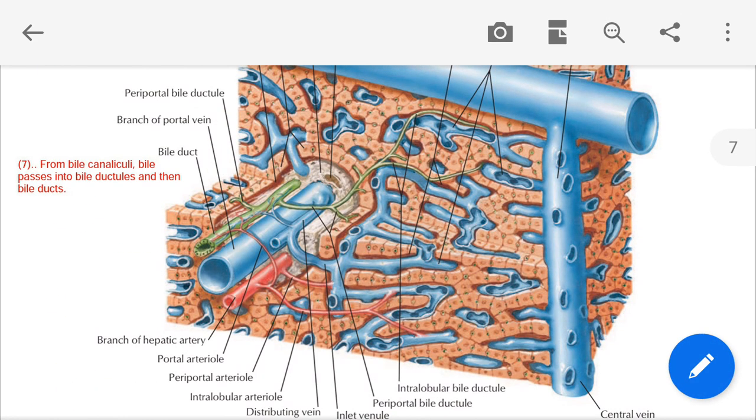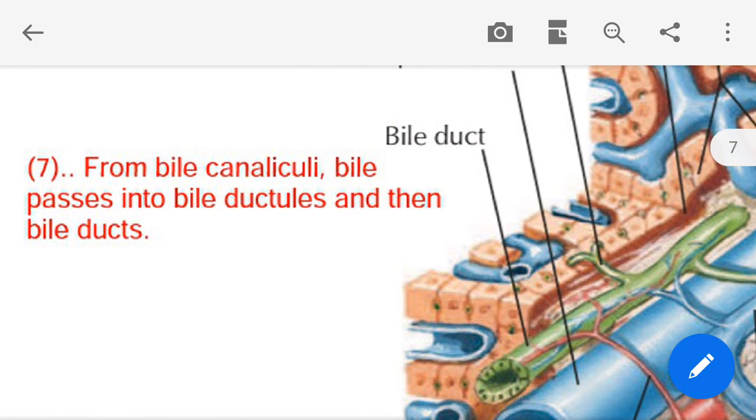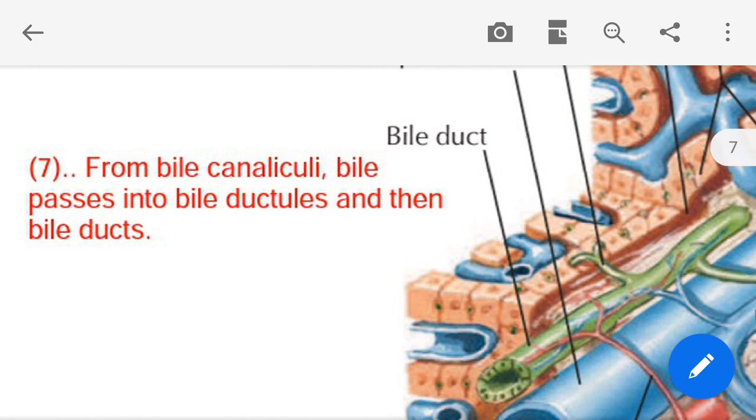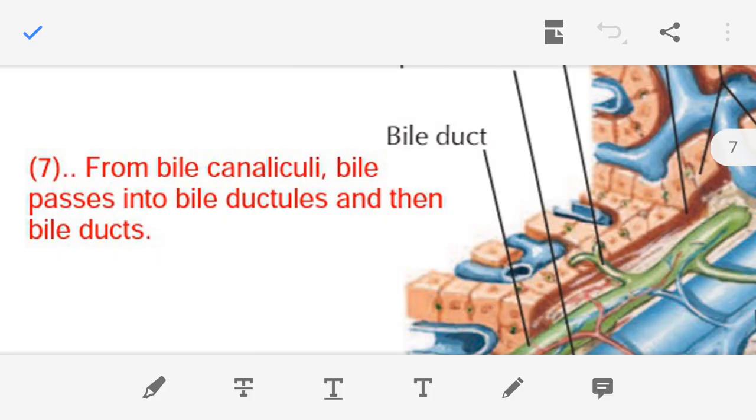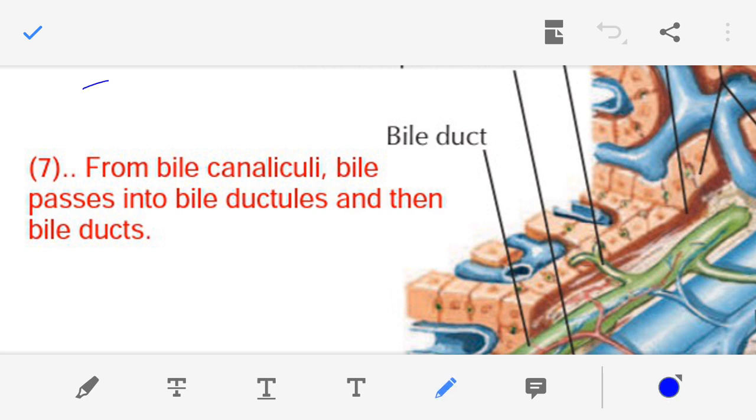Now the 7th point. In the 5th point we have seen that the hepatocytes secrete bile. Bile enters into the canaliculi.